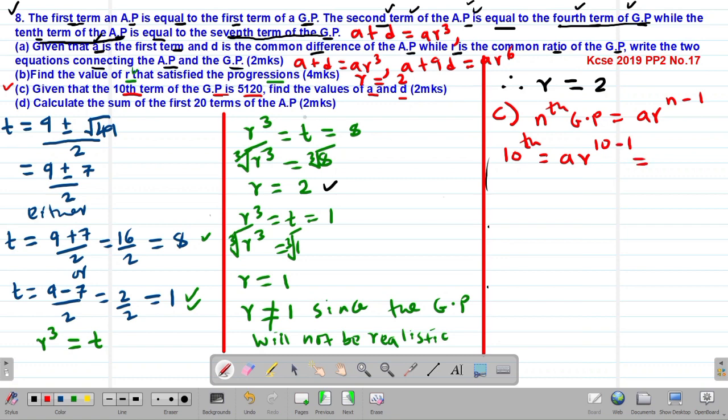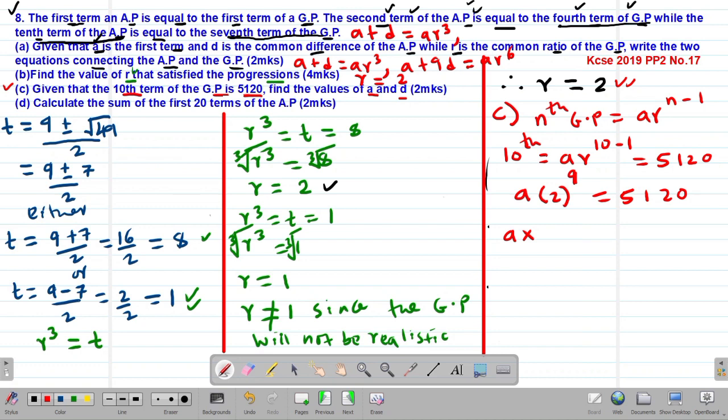Then you are told that this particular 10th term is 5120. So it means that A, then of course, we already have the common ratio, which is 2. So we can substitute A into 2 to the power of 10 minus 1, we'll get 9. So this gives us 5120 equals A multiplied by 2 to the power of 9.